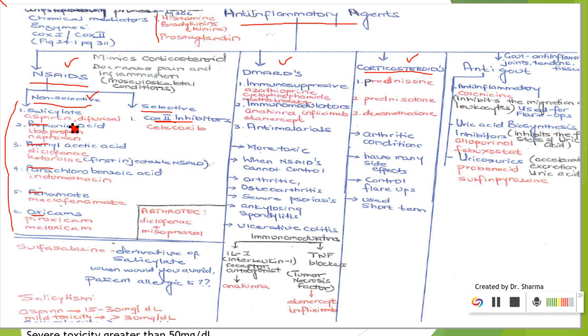So under the salicylate, we have aspirin and diflunisal. Then ibuprofen and naproxen fall under the propionic acid. Ibuprofen is a highly protein-bound drug, so keep that in mind because there will be drug-drug interactions with other highly protein-bound drugs. Then we have diclofenac and ketorolac.